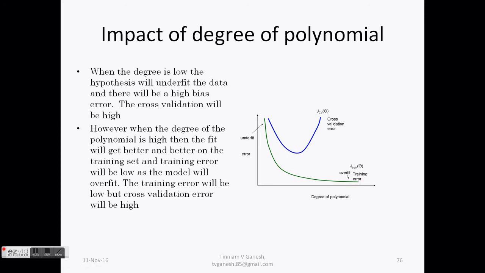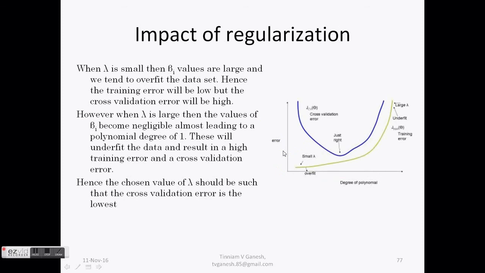As you go further from this point and increase the degree of the polynomial, the training error will go down, but your cross-validation error will keep going up. So what this essentially implies is that your best model was when you had the degree of polynomial that corresponded to this point, which had the lowest cross-validation error.